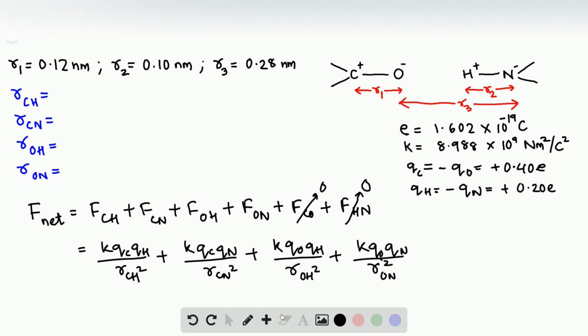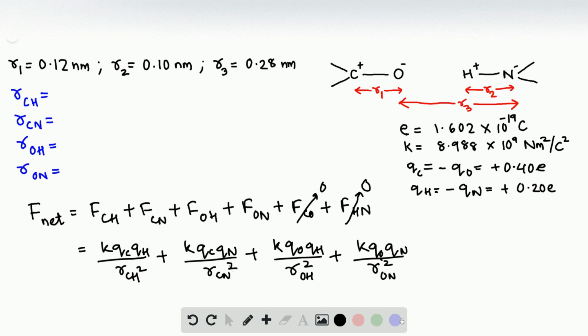Now let's move to find the distances between each of the atoms. So R_CH is basically the distance between C and H, and we are given the distance between C and O as R1, H and N as R2, and O and N as R3.